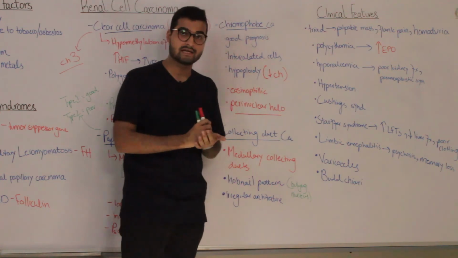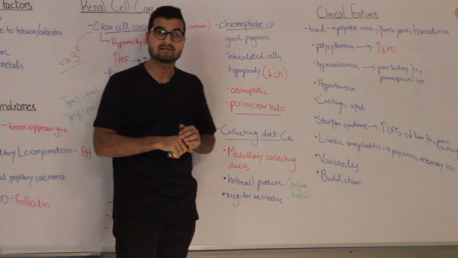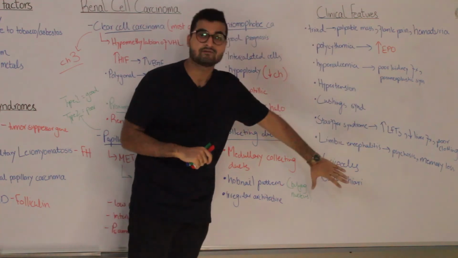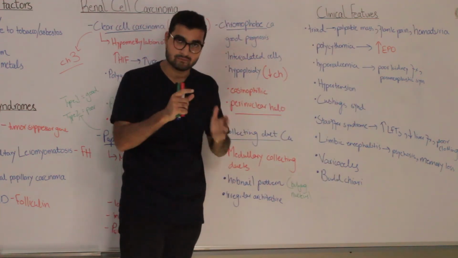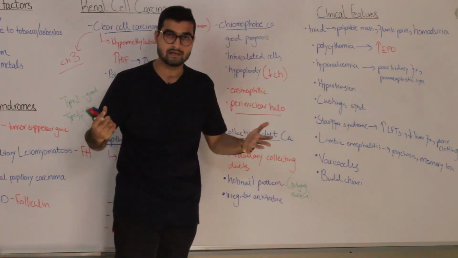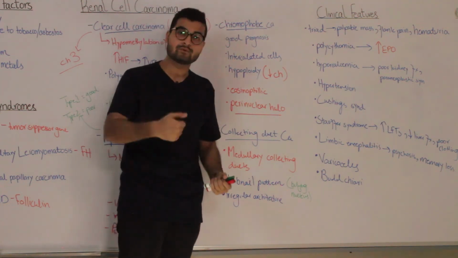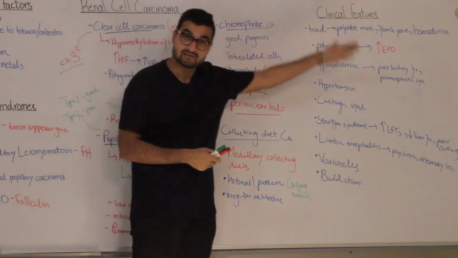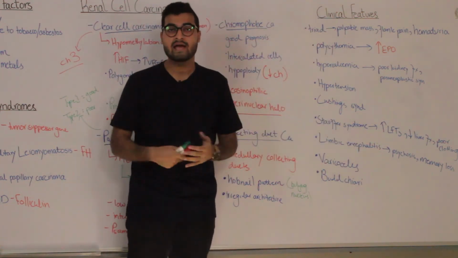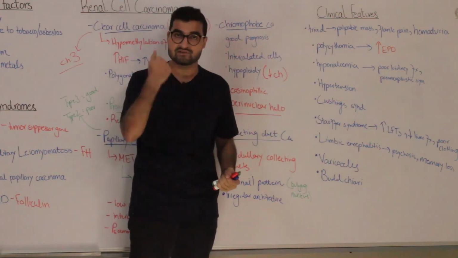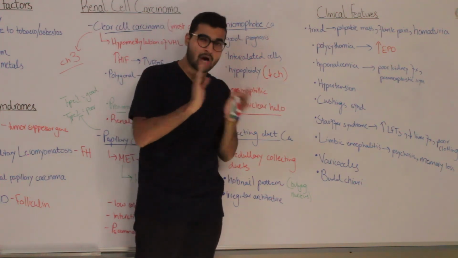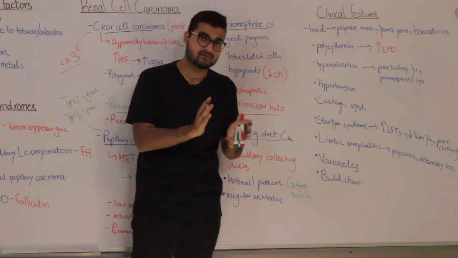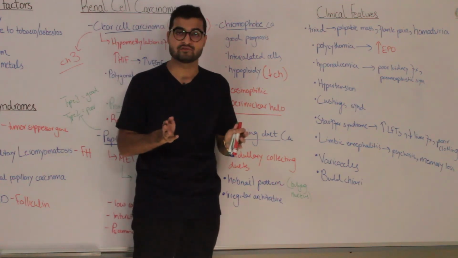So one thing to note with renal cell carcinomas is that before having all of these symptoms, the renal cell carcinoma will have grown inside the patient's body and would have also metastasized, and after metastasizing it presents with these symptoms. So you can imagine that when a person is going to have symptoms, they will probably be in stage 3 or stage 4 of renal cell carcinoma.